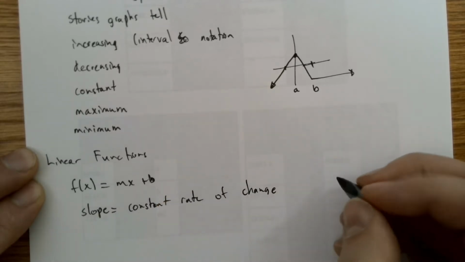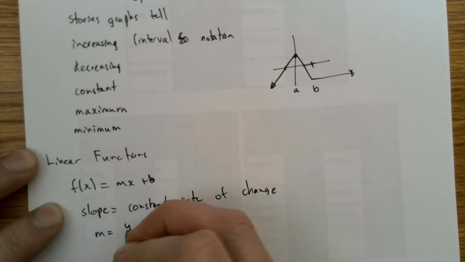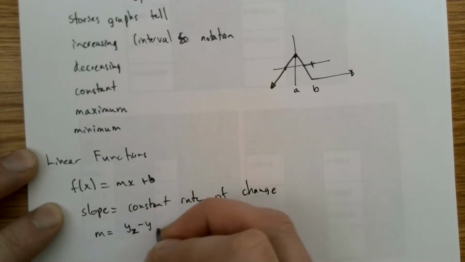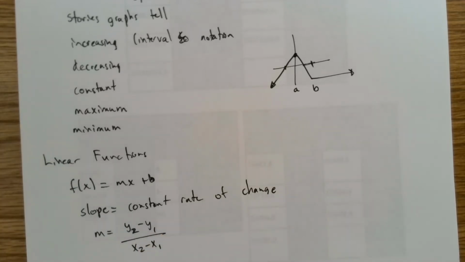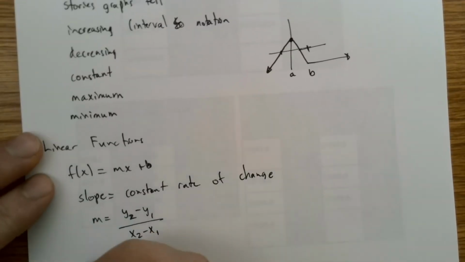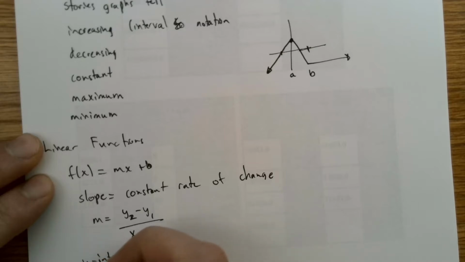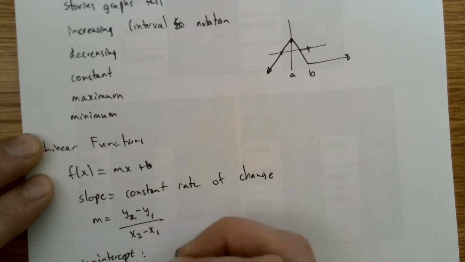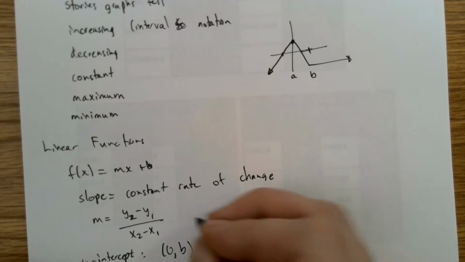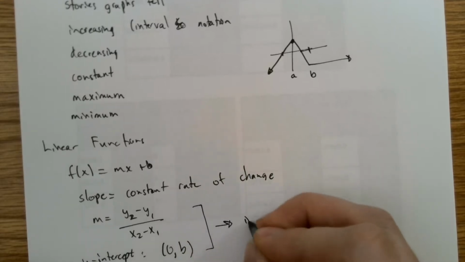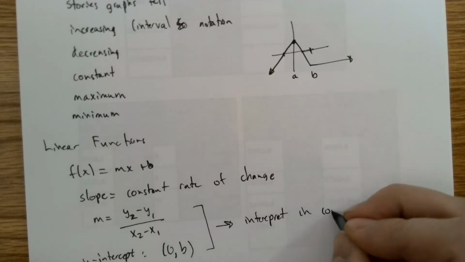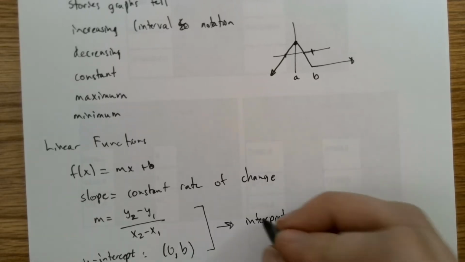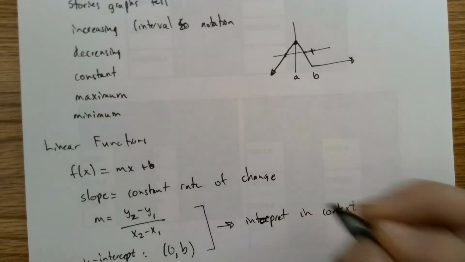You could use the formula, say m equals y2 minus y1 over x2 minus x1. We also identified the y-intercept, which was (0, b), and then you were to interpret these in context, which you will be doing on the final exam, the Desmos portion for sure. Interpret, if I could spell that right.